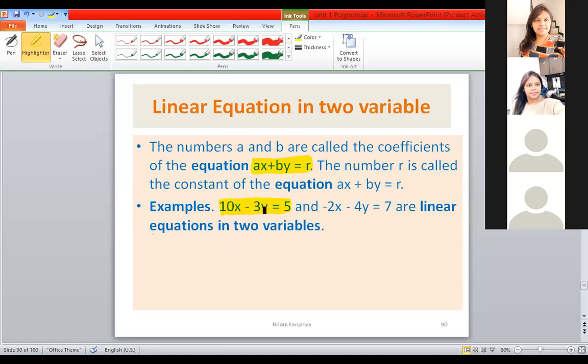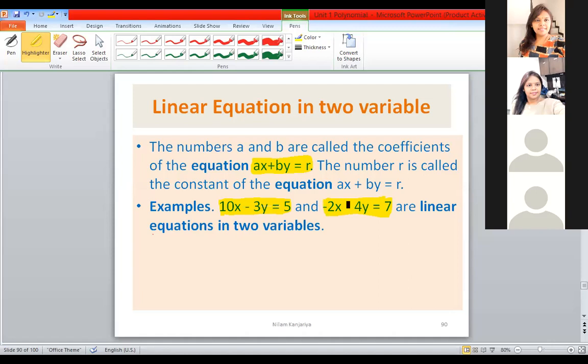Look at both variables, two unknown variables, x, y, z, anything. Both have power 1. For that reason, it's called a linear equation in two variables. So these are linear equations in two variables.